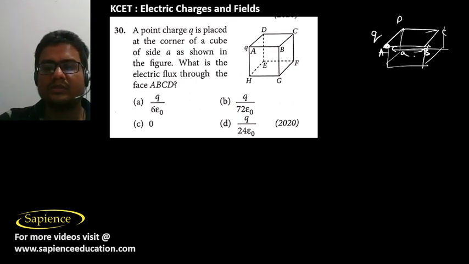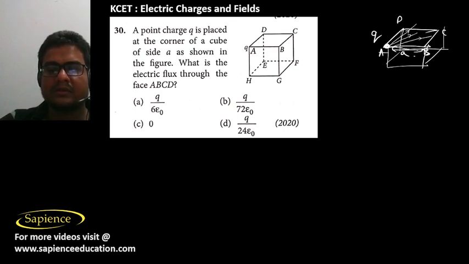So the point charge is placed at the corner. The electric field lines will pass along the surface of the face, so no electric field line will cross this face. Therefore, the net flux is 0.